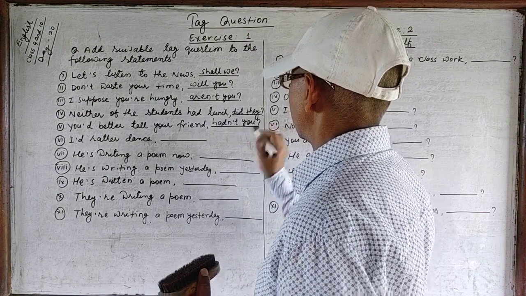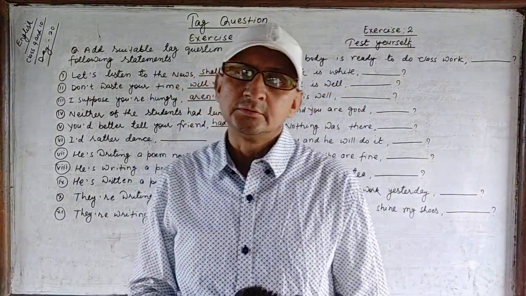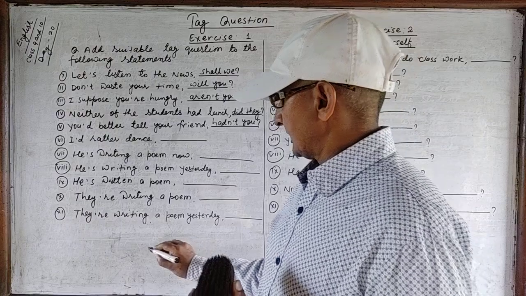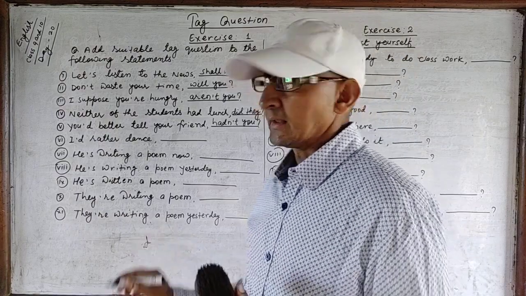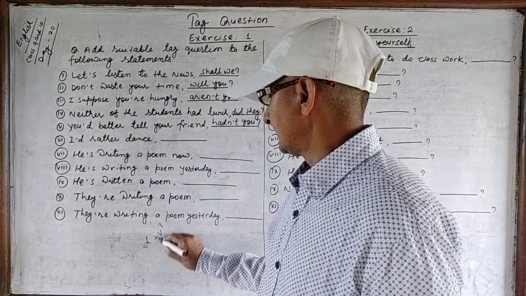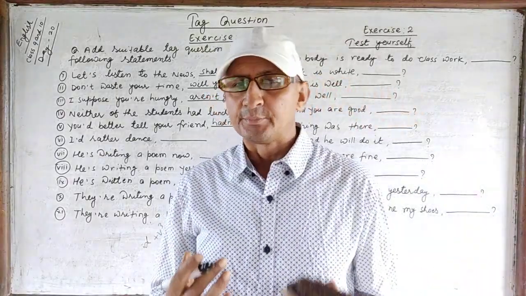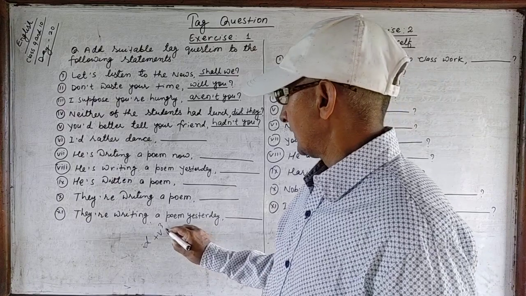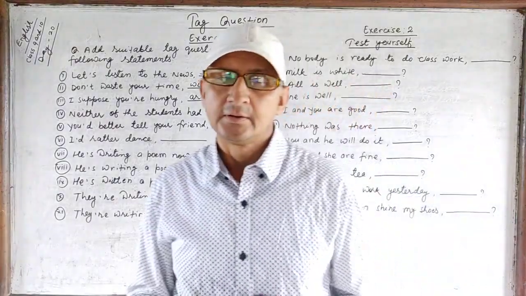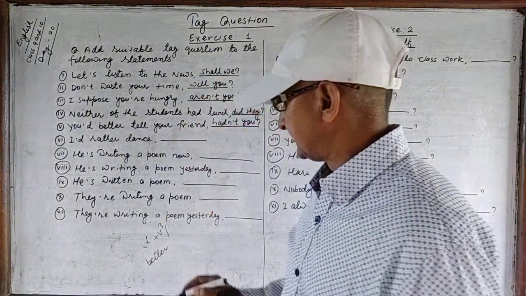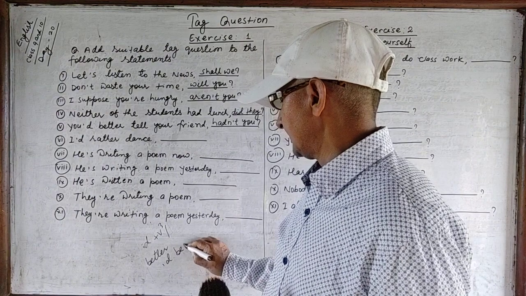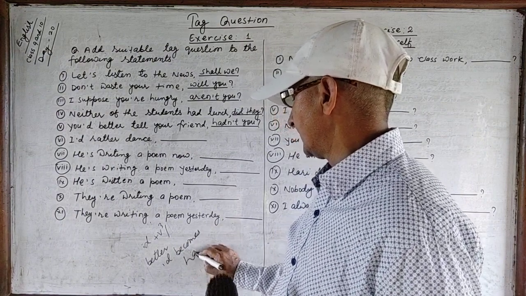Hadn't you. Why hadn't you? If there is apostrophe D plus V3 or better, the apostrophe D becomes had.